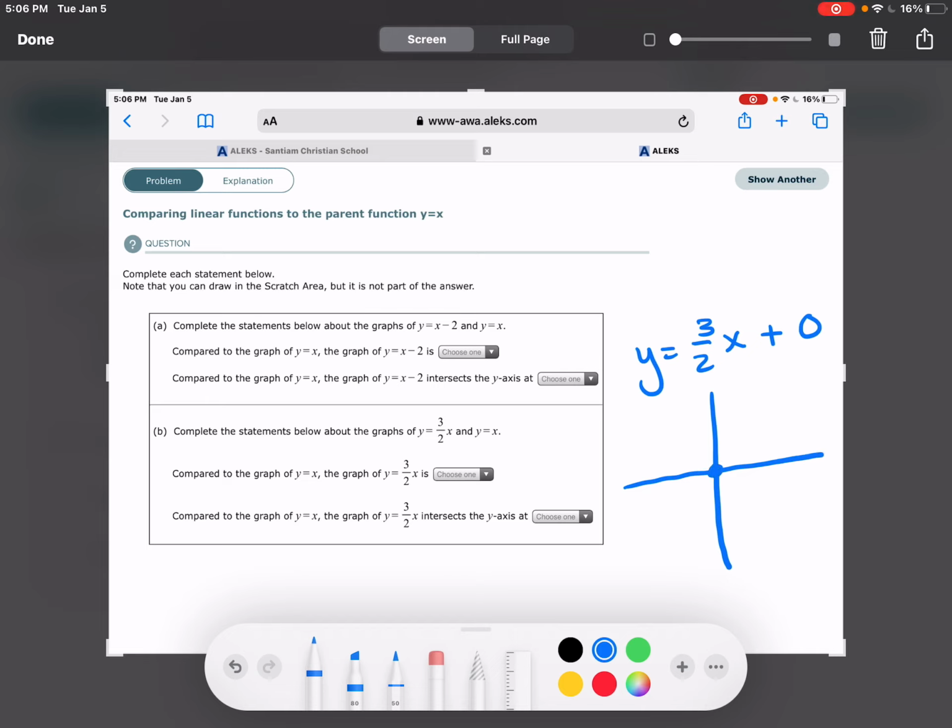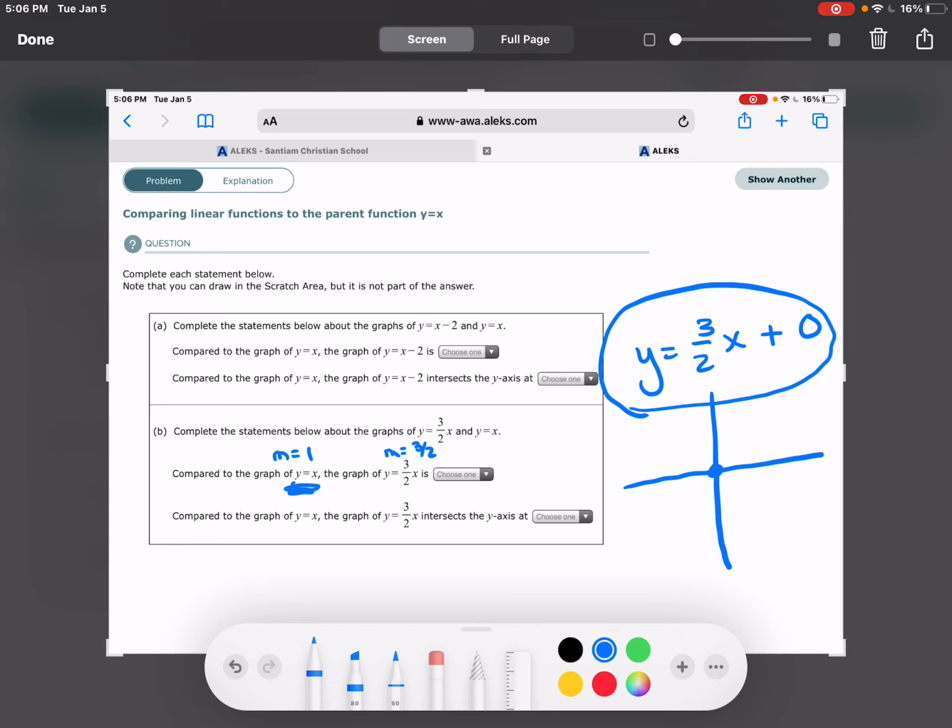And it has a slope of 3/2, which is the same as 1.5. So it's a little bit steeper than the graph of this one that has a slope of 1. This one has a slope of 3/2. So these are going to be exactly the same, except this one is steeper.